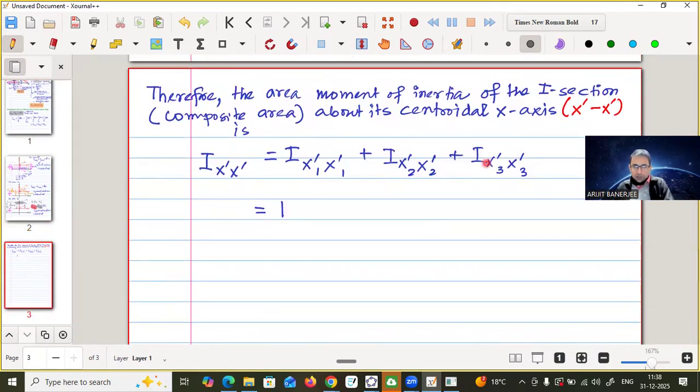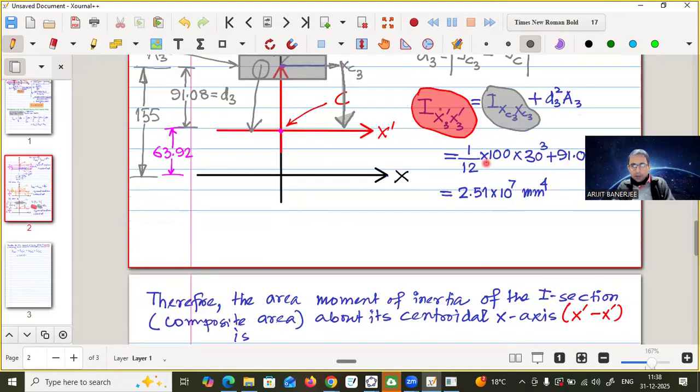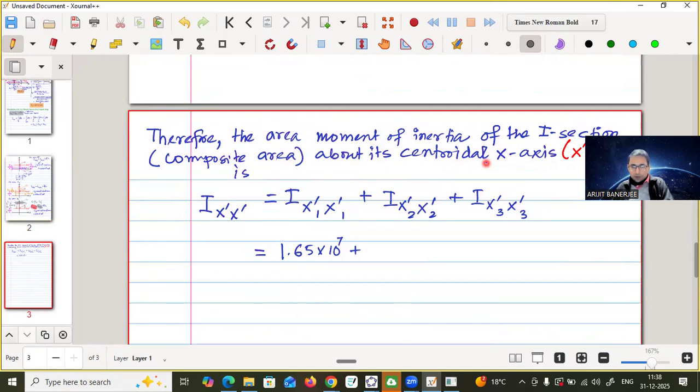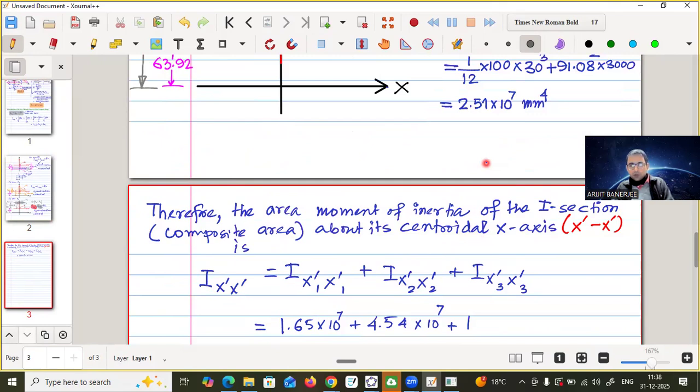So 1.65 into 10 to the power 7 plus 4.54 into 10 to the power 7 plus, sorry, 2.51.